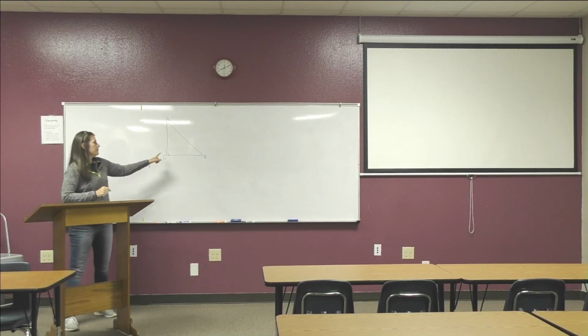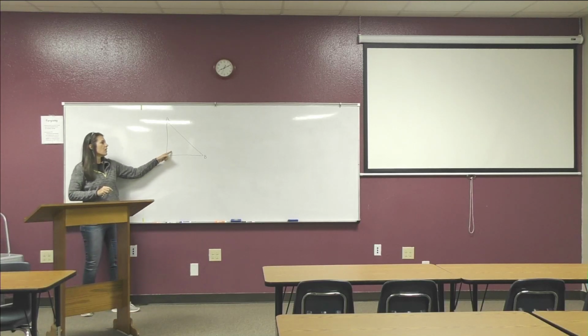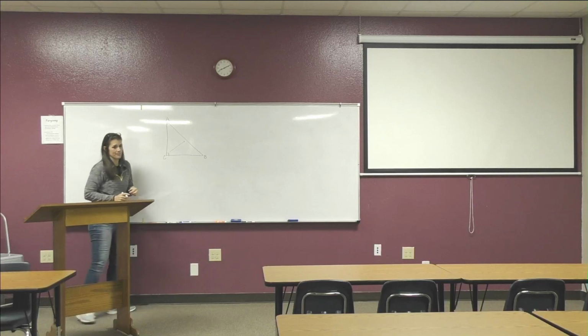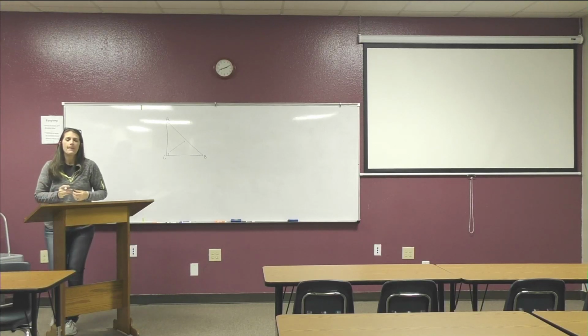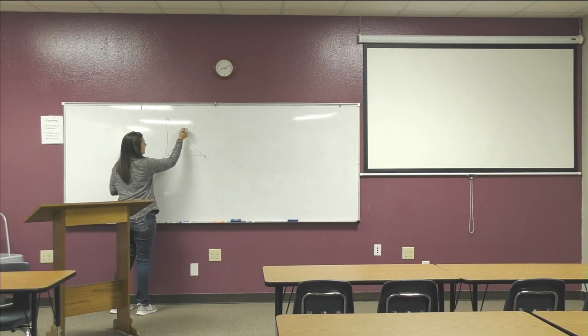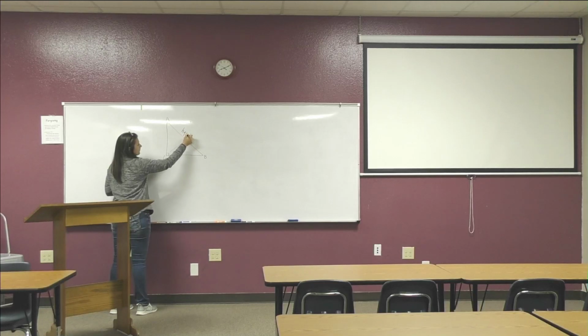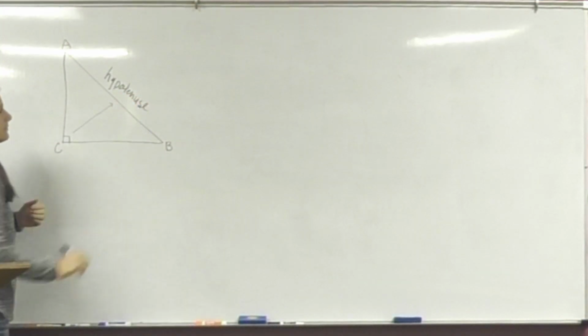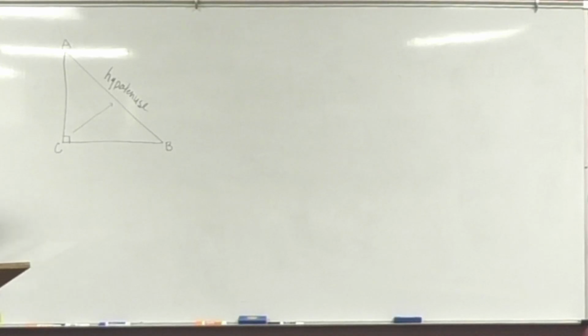So this right angle C, his opposite side, has a name. Yesterday you just named it lowercase c, but it's called the hypotenuse. Hypotenuse is the longest side of a right triangle. It's the side opposite the 90-degree angle. He is always called the hypotenuse. That does not change.